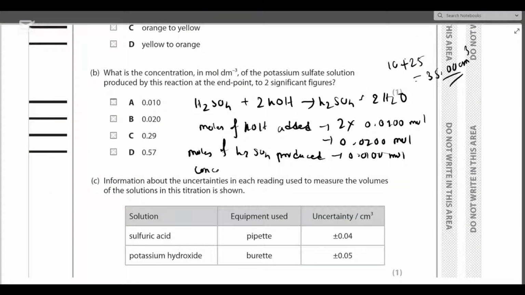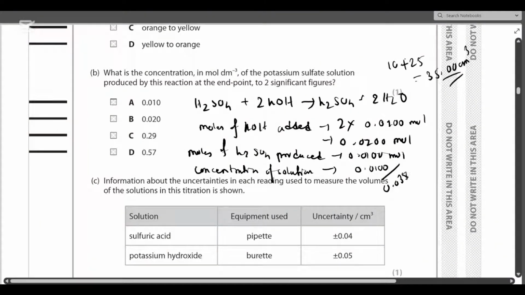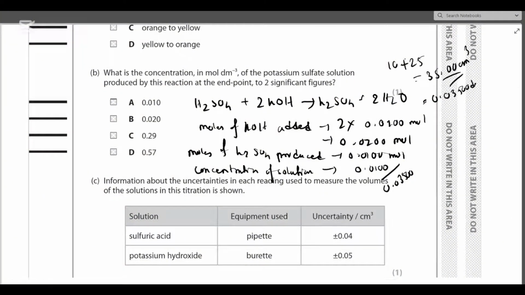You divide the moles, 0.0100, by 0.03500 dm³, if you convert to dm³.